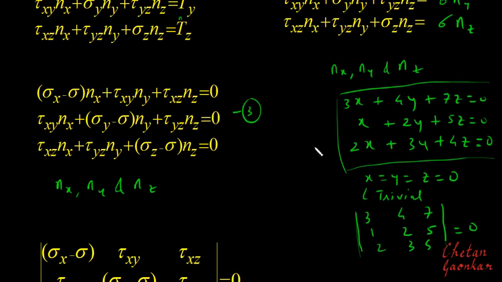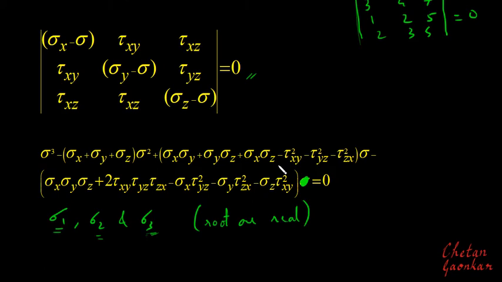These are our principal stresses, and they follow this order: if sigma 1 is the highest among all three, then sigma 1 is greater than sigma 2, which is again greater than sigma 3.